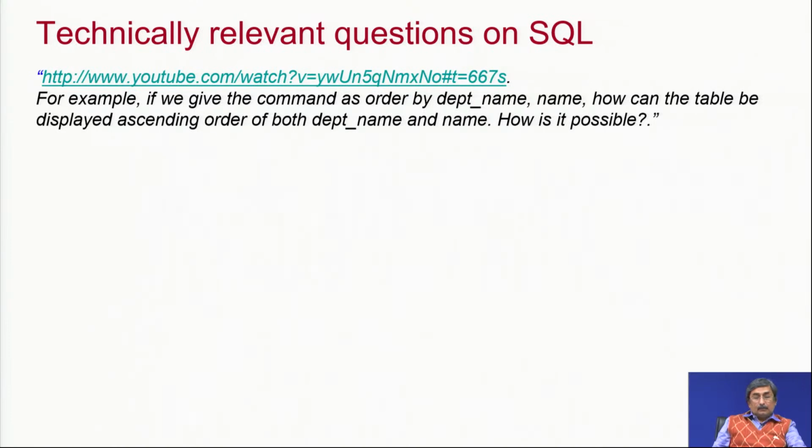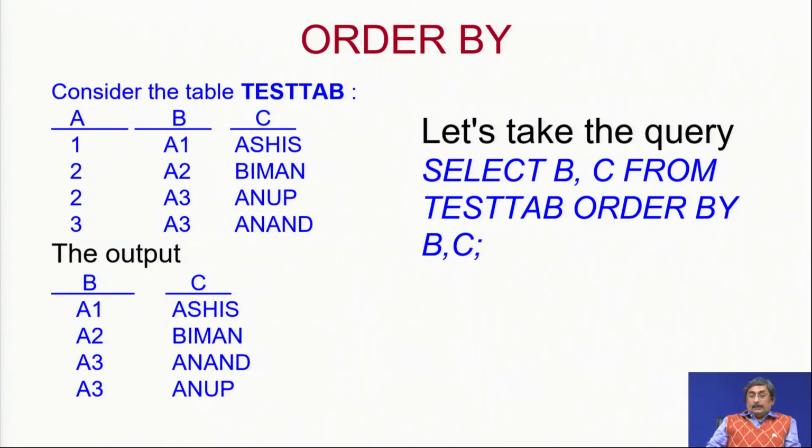Now, the next question is on order by. Order by is sorting in ascending or descending order of a particular attribute depending on its type. The question is, I am saying order by B and C in this example. How can it simultaneously order on B and C? It does not do a simultaneous ordering, it does a sequential ordering.